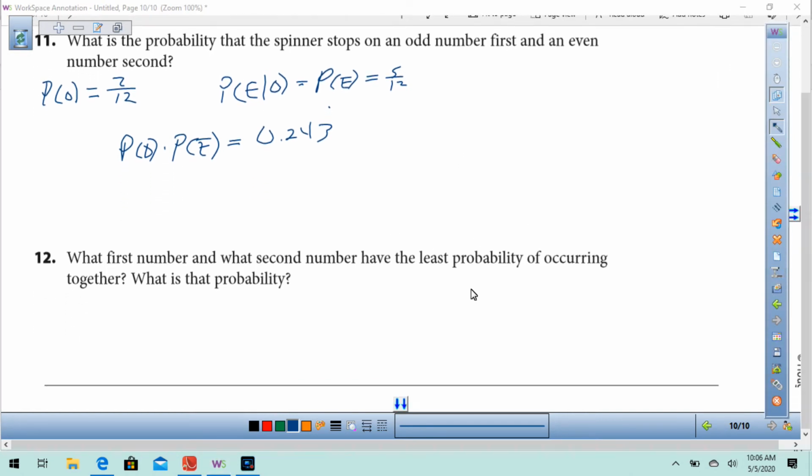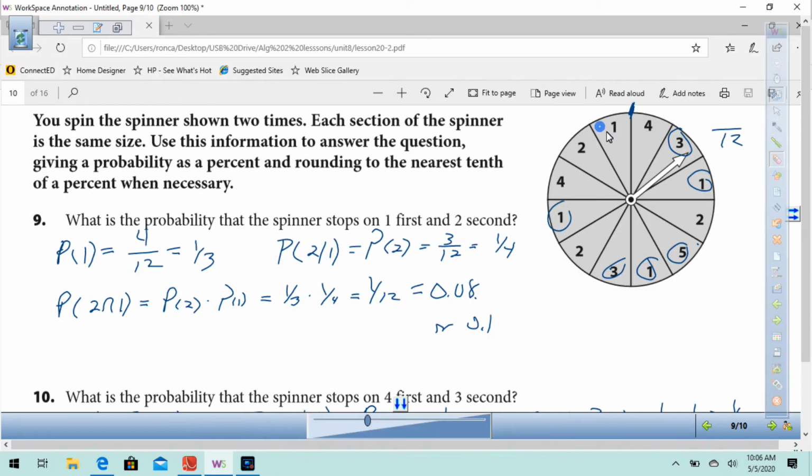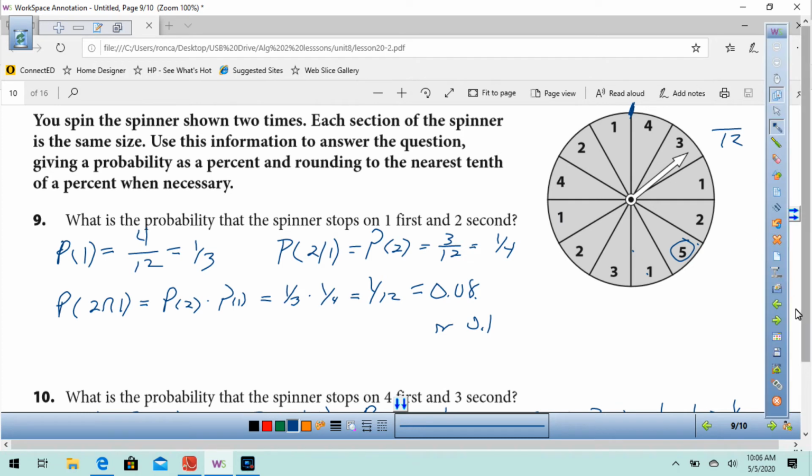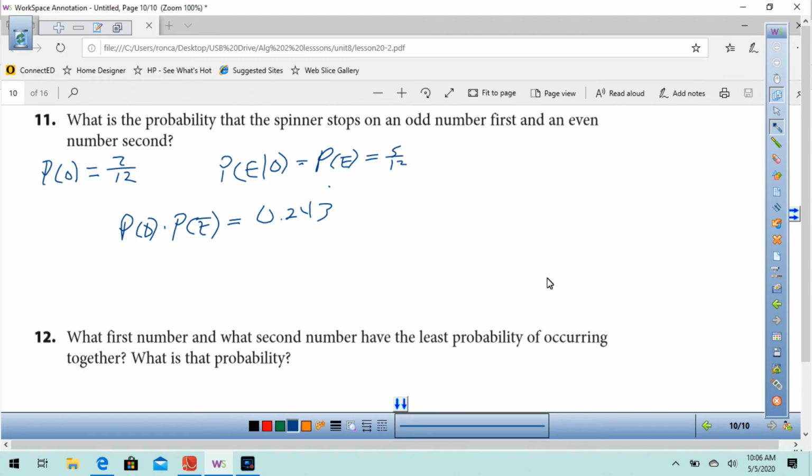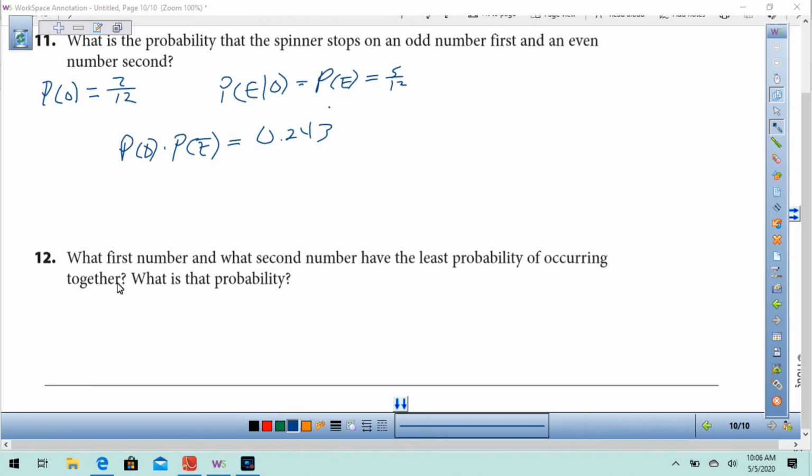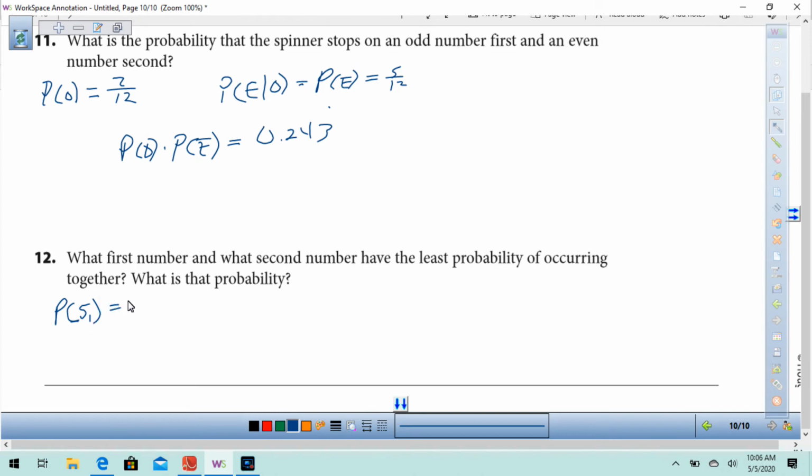What first number and what second number have the least probability of occurring together? What is that probability? All right, which one has the least on here? Looks like 5. Yeah. 5. There's only one 5. Everything else has at least 2. So the probability of 5 on the first would be 1/12.